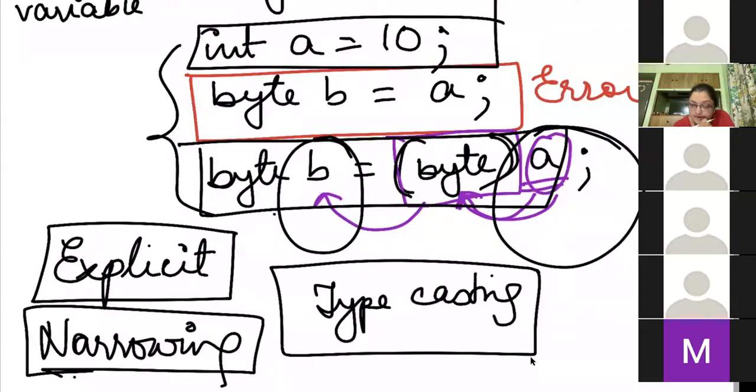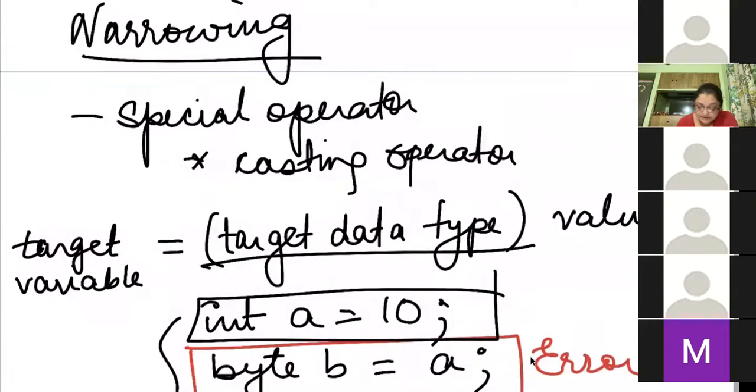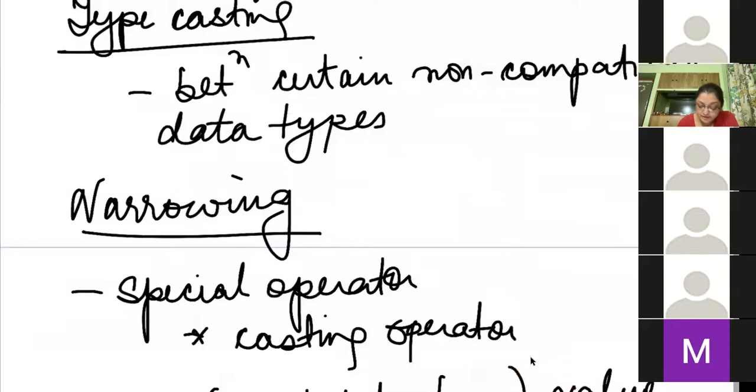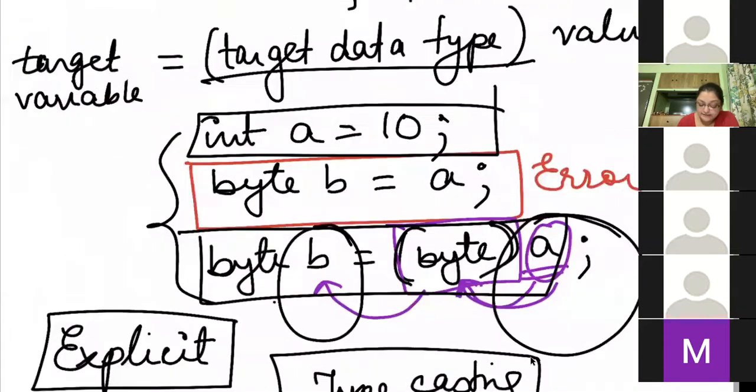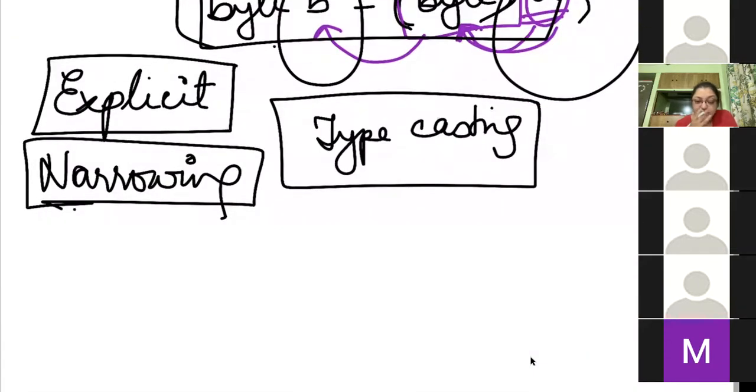Am I audible, ma'am? Yes, you're audible, please. So ma'am, if the data types aren't compatible, then using narrowing we can convert them to any data type. Not all data types, but certain non-compatible ones. For example, I cannot convert from Boolean to integer or Boolean to float, because there is no conversion.